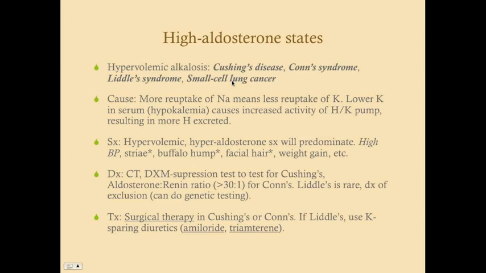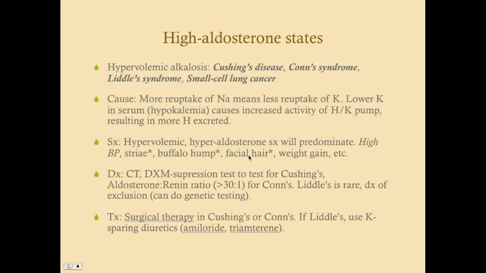Liddle syndrome will often present in a child. Cushing's disease will present with the striae, buffalo hump, facial hair, possibly decreased or increased time between periods or amenorrhea. And Conn syndrome will generally just present with high blood pressure and weight gain.